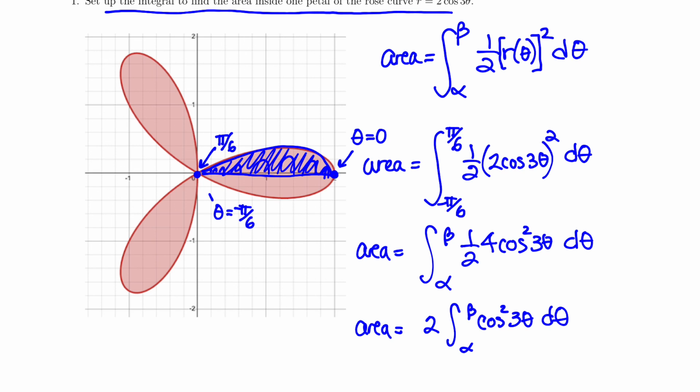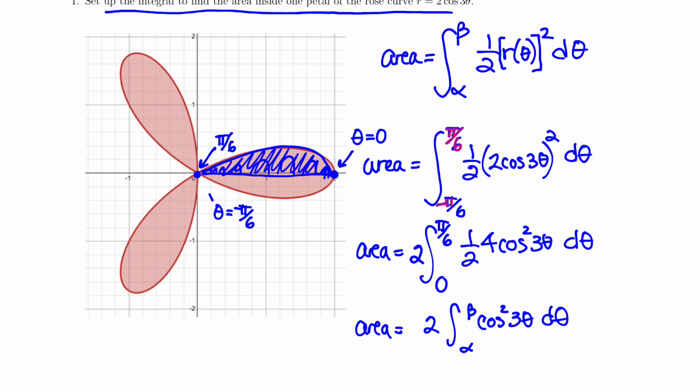Because you'd want to double it to get both the top and the bottom. Are you with me? So we could also go 2 times the integral from 0 to pi over 6. That avoids A, a negative pi over 6, and B, kind of reduces my calculations down just a little bit. So you may choose either of those to be your limits.